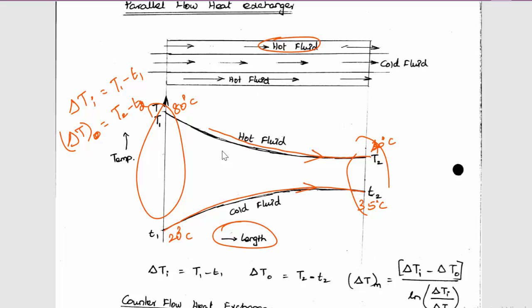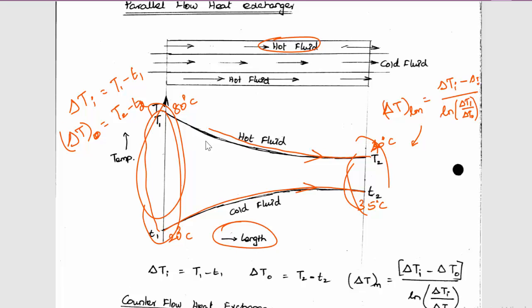So now the logarithmic mean temperature difference del T LM equal to the temperature difference at the inlet, del Ti, minus the temperature difference at the outlet, del T naught, divided by ln of del Ti divided by del T naught. This is the equation for logarithmic mean temperature difference for parallel flow heat exchangers. You don't even need a data book to take these formulas for parallel flow heat exchangers.